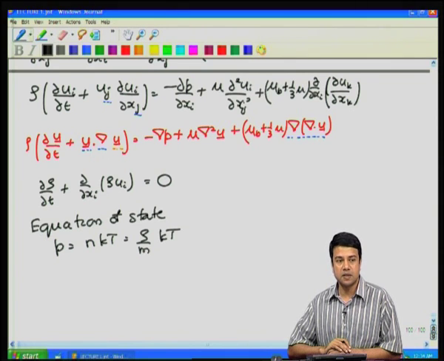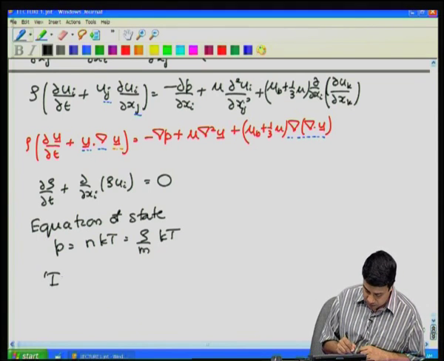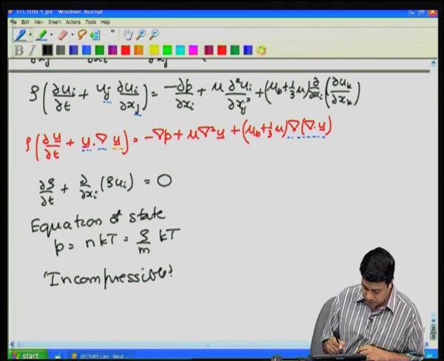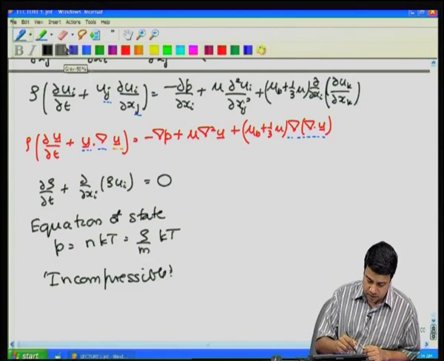A considerable simplification can be made for fluids that are called incompressible. For incompressible fluids, the density is invariant.